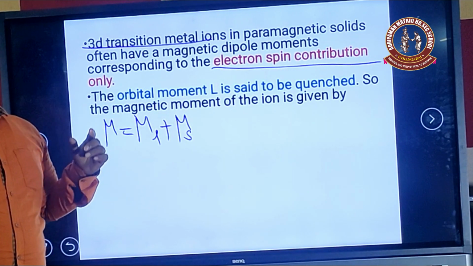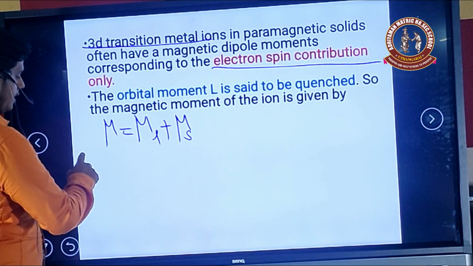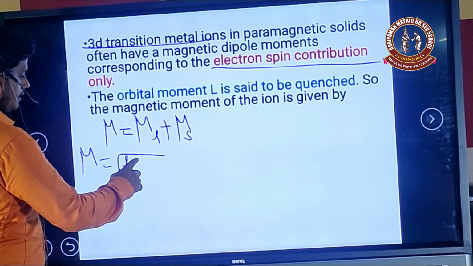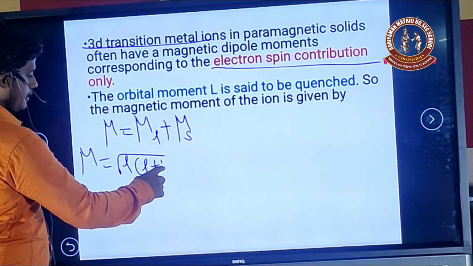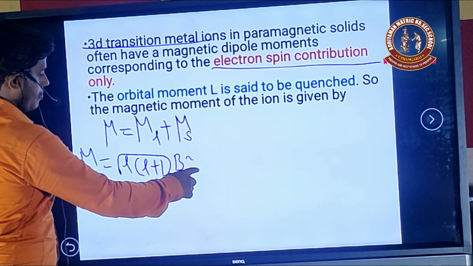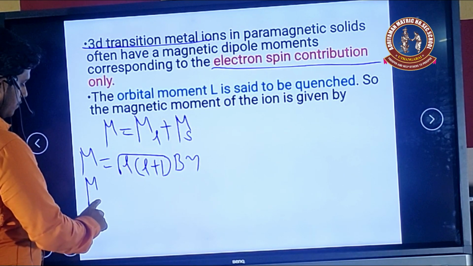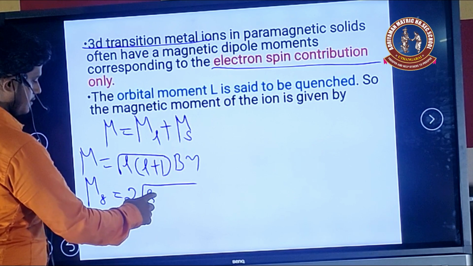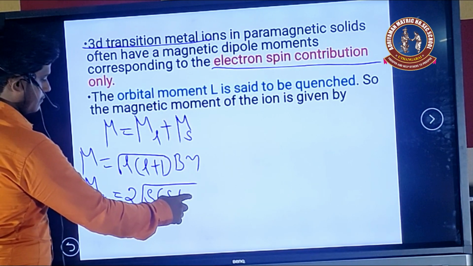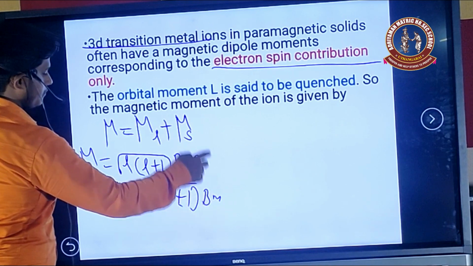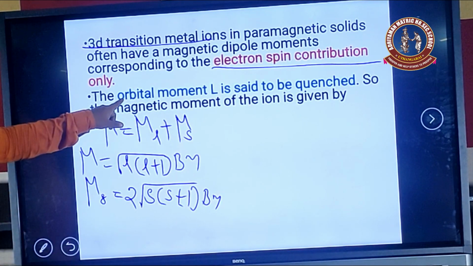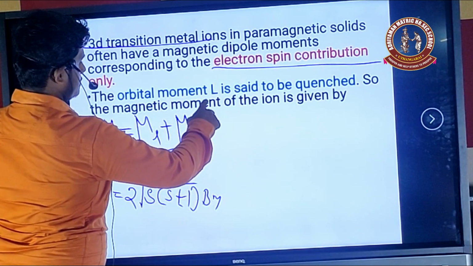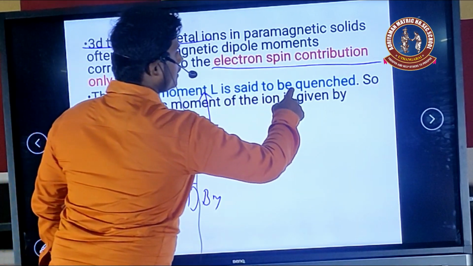Here mu L equals root of L into L plus 1 BM, and mu S equals 2 into root of S into S plus 1 BM. The orbital momentum is said to be quenched.